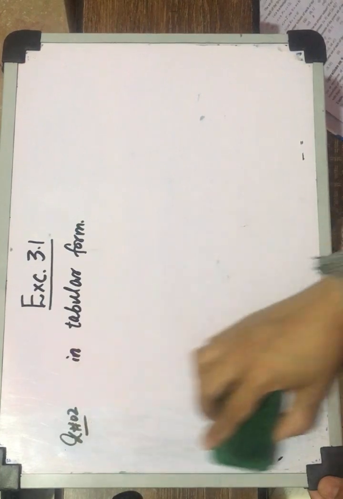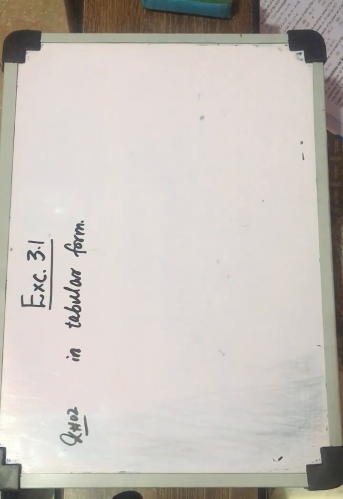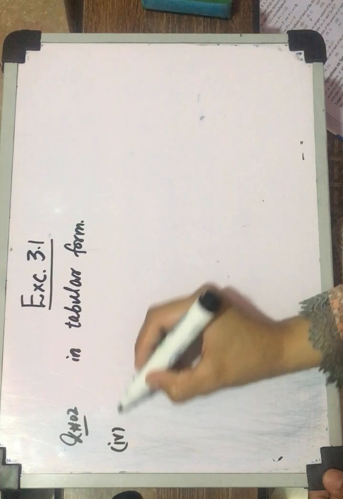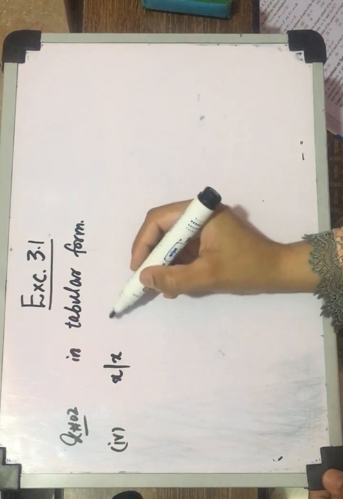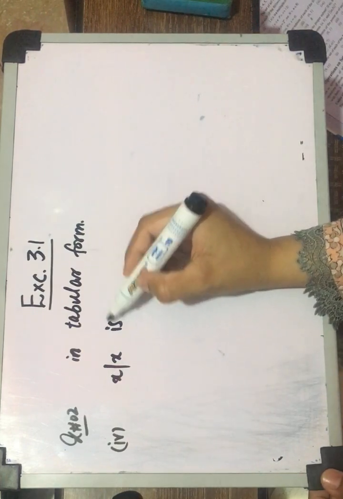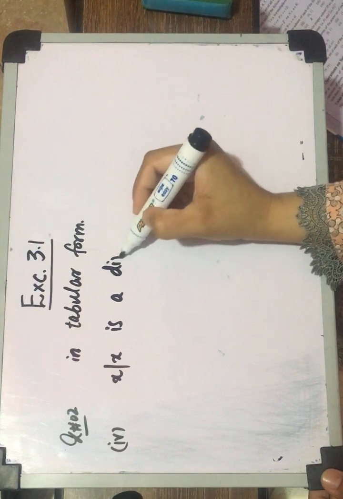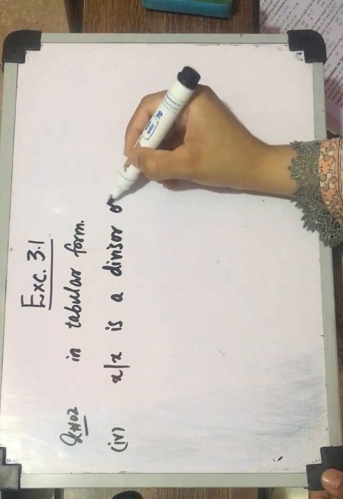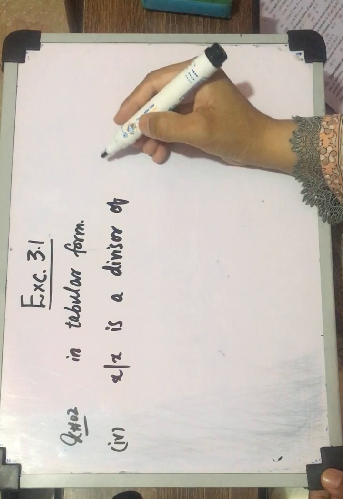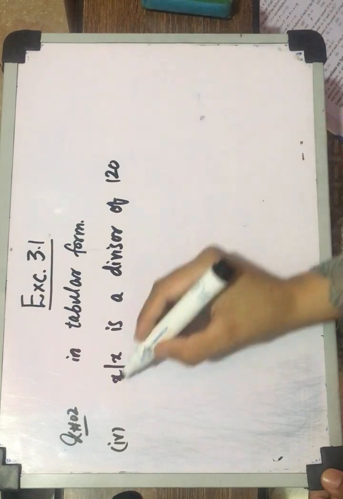In part number 4 we have x such that x is a divisor of 120.